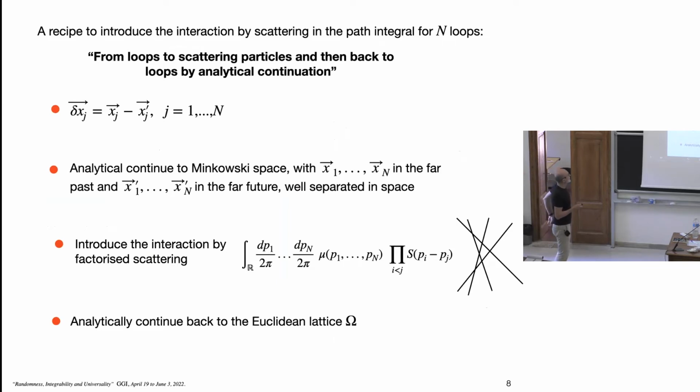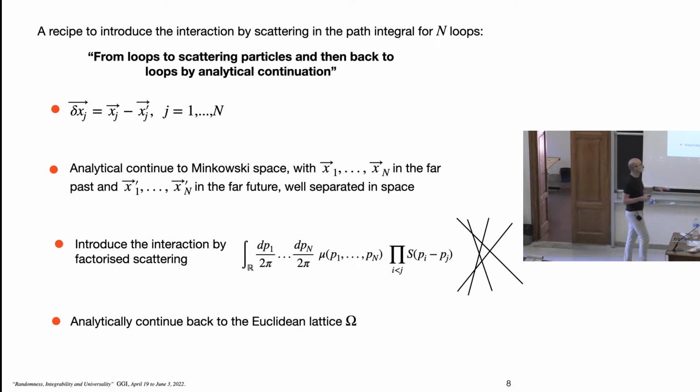So now the logic is the following. We describe the winding loops as loops with injected discontinuity. Then we analytically continue, we say that delta x is equal to x minus x prime, and you continue to the domain where the particles are well separated, and we can consider them as scattering particles.